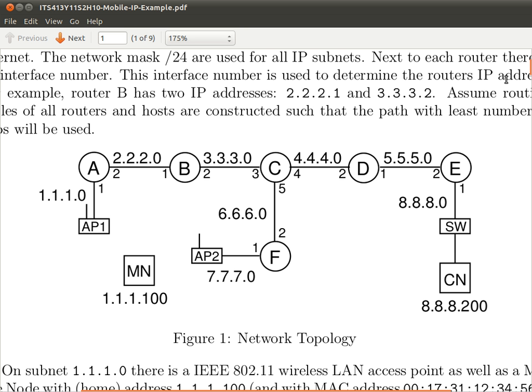F. Because the routing tables have been created to get the shortest path from source to destination. The destination is here, 7770, so send it across that path to reach there. So it will go to router F.